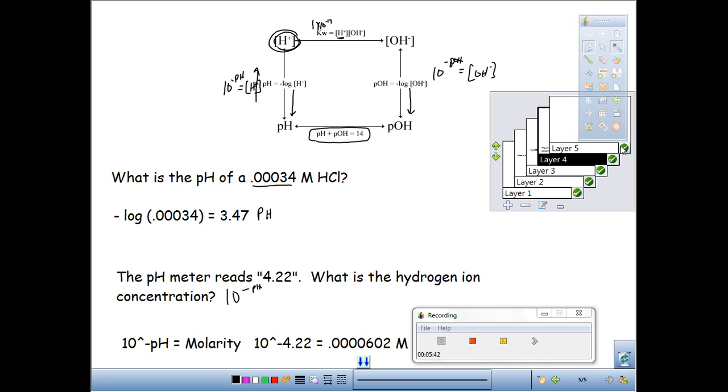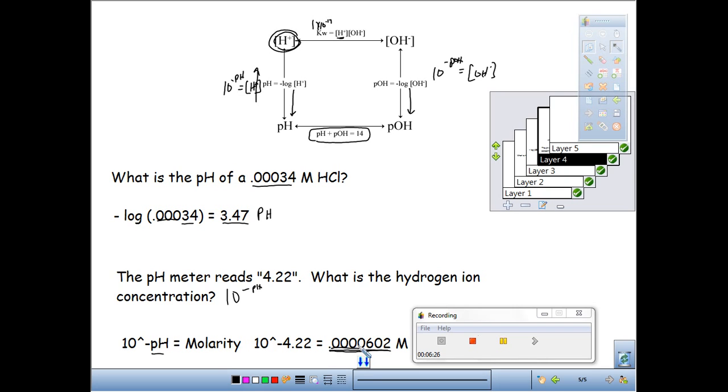I said 10 to the negative pH equals the molarity, so it should be 10 to the negative 4.22 power. And notice we get this concentration here. Does this make sense? Well, up here we said a 3.47 pH was a concentration of 0.00034. If we have a higher pH, it's less acidic and less concentrated, and sure enough, there it is. Because it goes from about 3 to 4, it would be off by a factor as well. Notice there's 3 zeros here. There's 4 zeros here. So that is well within the range.